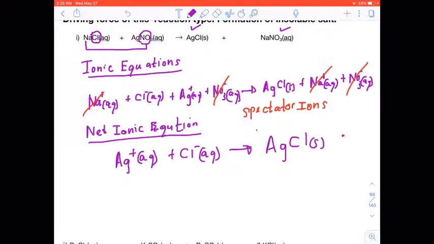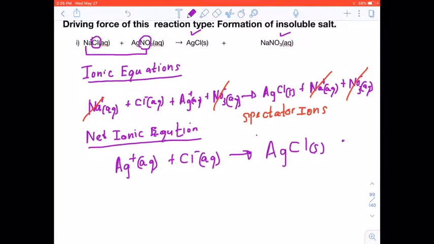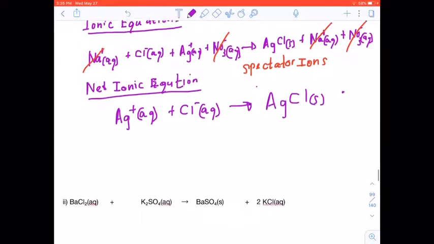So that's the net equation, which illustrates that overall it's the Ag ions plus the chloride ions that combine to form the silver chloride. So we could have any other source of Ag plus ion and Cl minus ion, and if they are in solution, they would combine to give us AgCl solid.